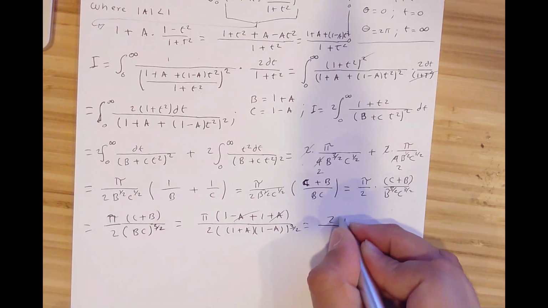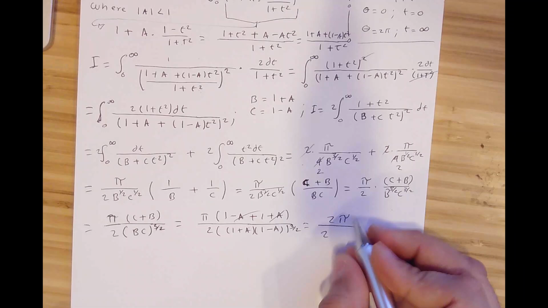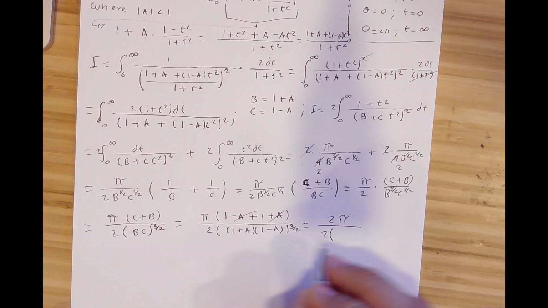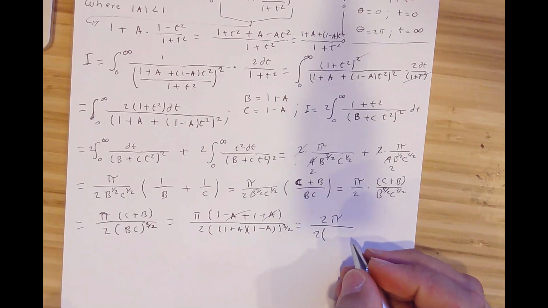We can get rid of a in the top, and we will have 2 pi that multiplies by 2. And what is this? This is the binomial factorization rule, right?